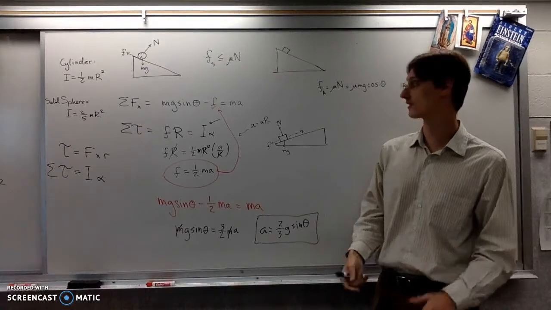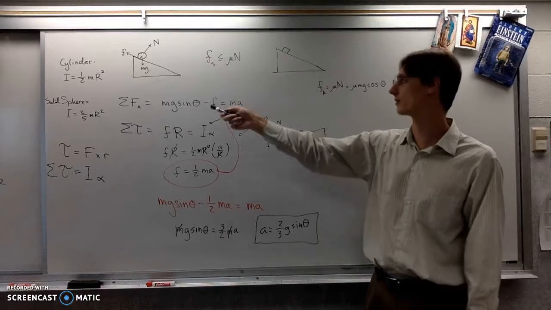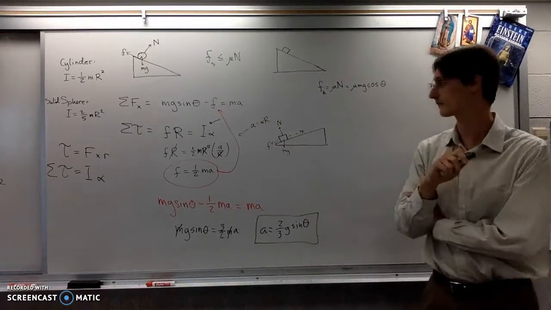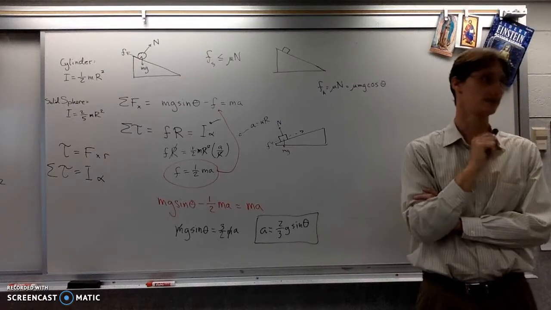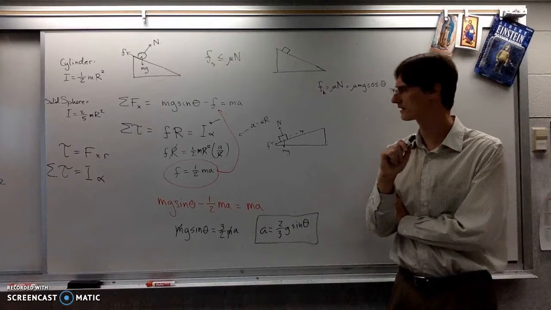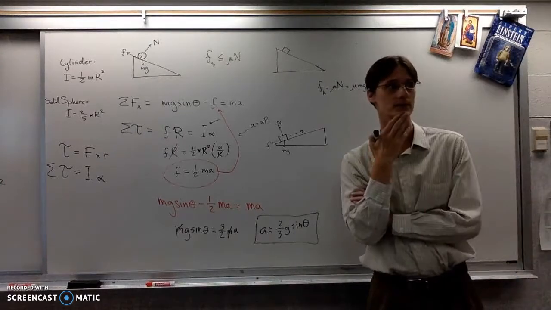At that point, you can say, all right, friction is mu N. Now you can put in mu mg cosine theta and go from there. And you wouldn't have to use the torque equation, at least I think you wouldn't have to.